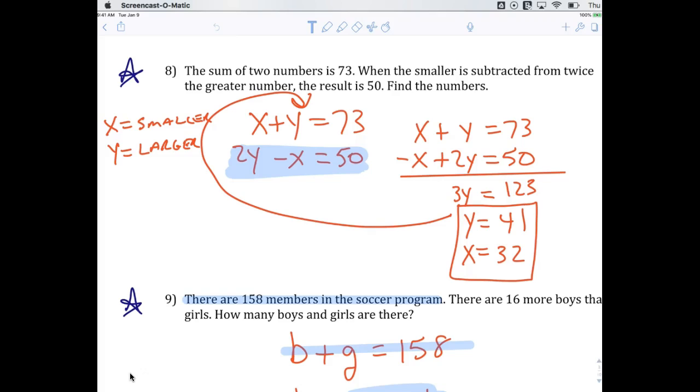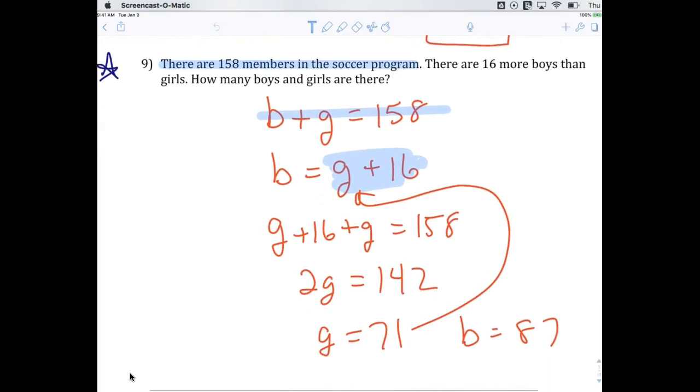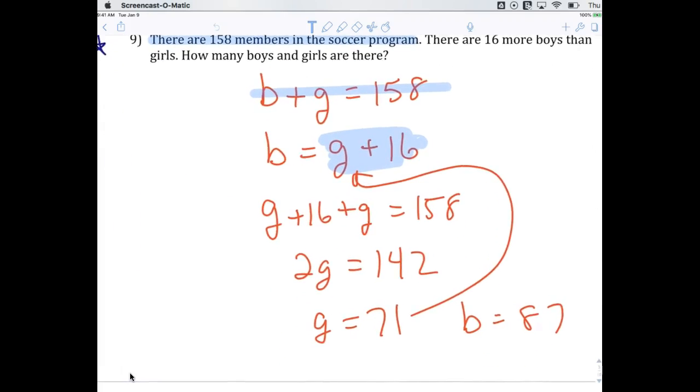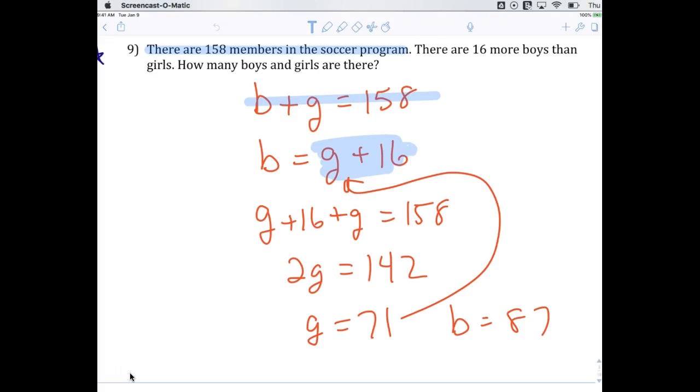Now, number 9. I'm not sure why 9 was hard at all either. That was a simple one. Here we go, number 9. It says that there are 158 members in the soccer program. And these members are boys and girls.